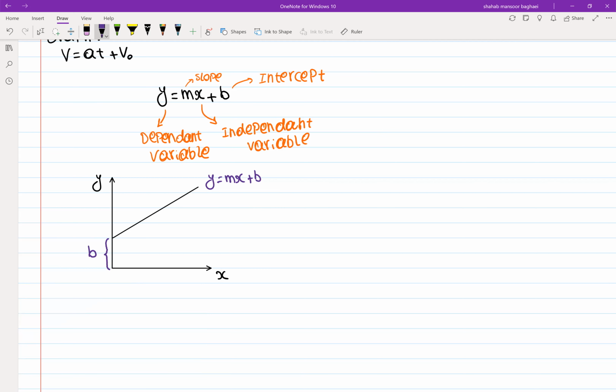And you know a slope is rise over run, which is here. This is the slope, rise over run, which is m. And you have two variables. The first variable is x, and the second variable is y. Okay.